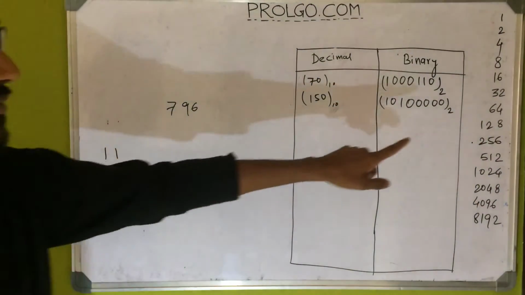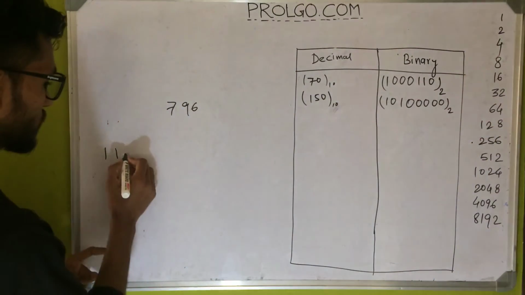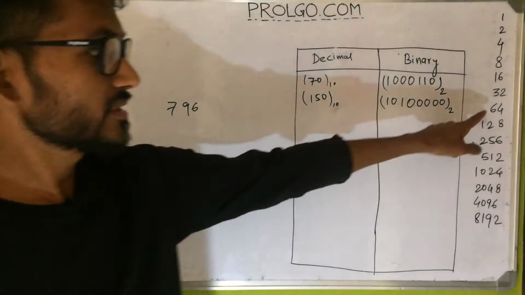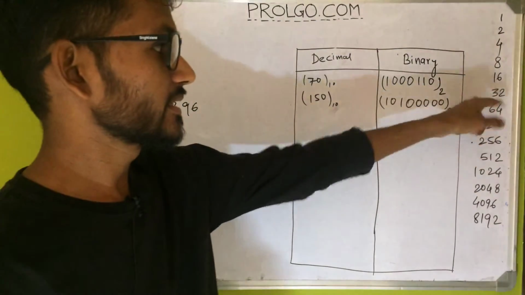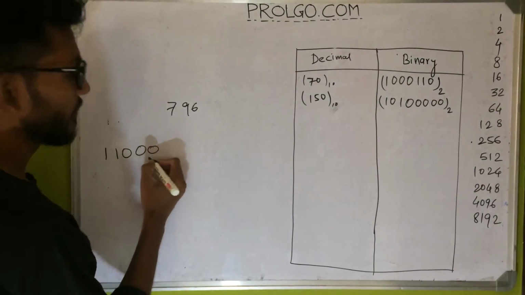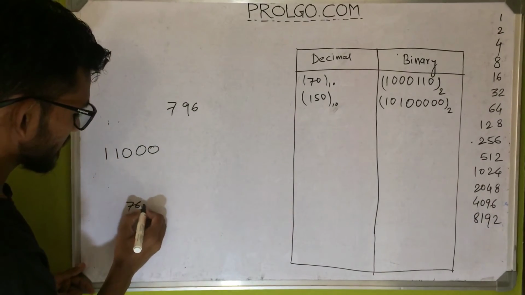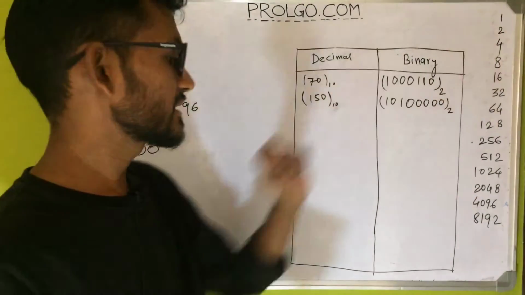Now do we have to add this 128? No. So it would be 0. 64? No. Then 768, 32? No. Now add 16.